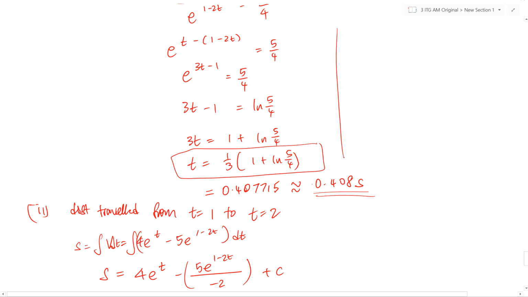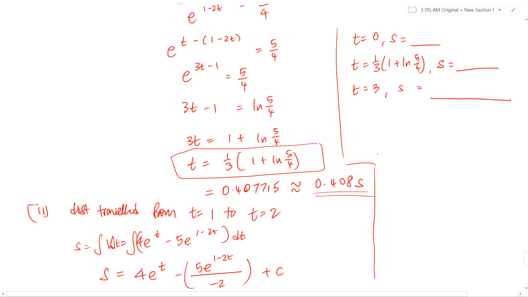Therefore, to find the total distance, we need time equals 0, s equals something. Time equals 1/3 (1 plus ln 5 over 4), we need the displacement. And finally, when time equals 3, we need the displacement. Go and draw it out. Let's continue.